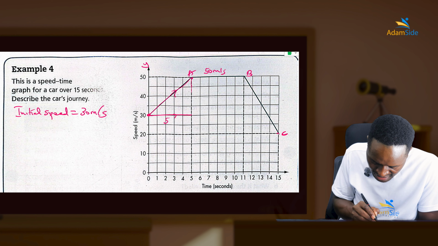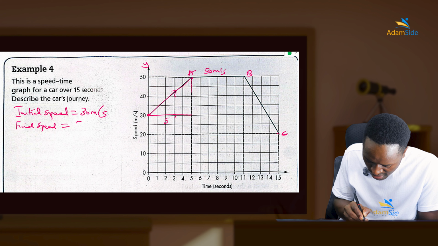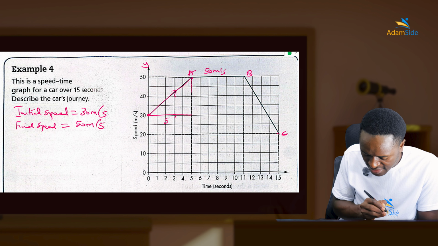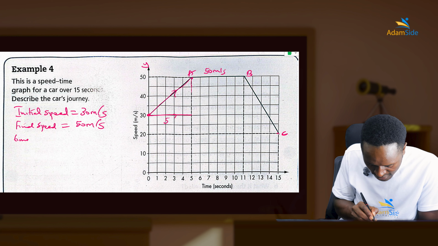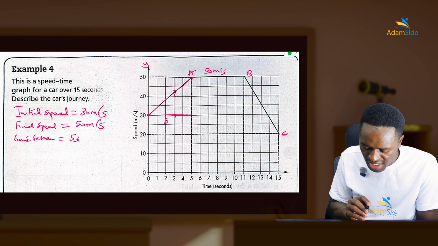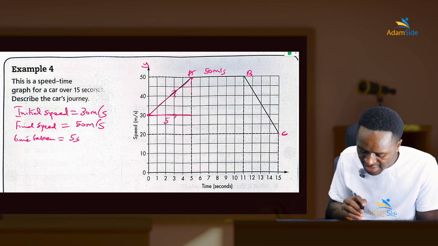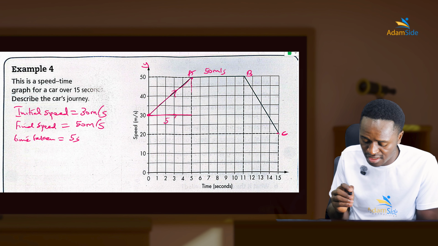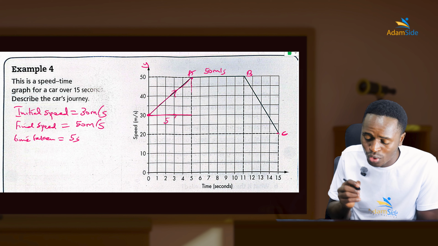So we say time taken, and we say final speed. The final speed here is 50 meters per second, but time taken is 5 seconds.